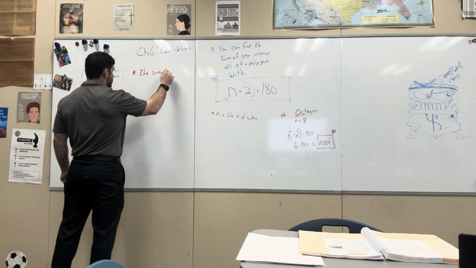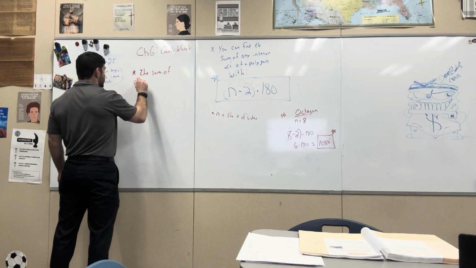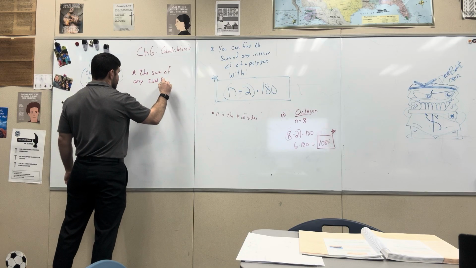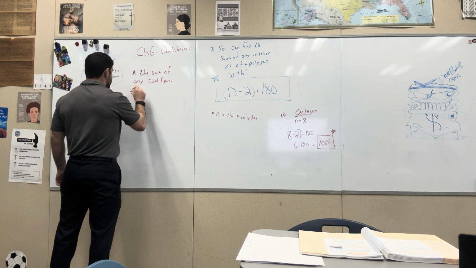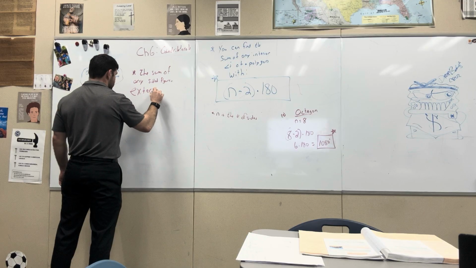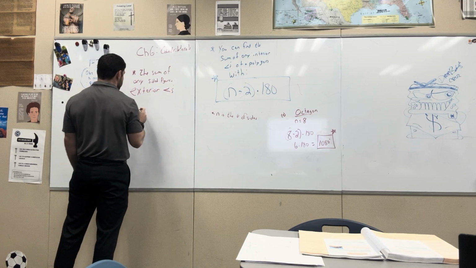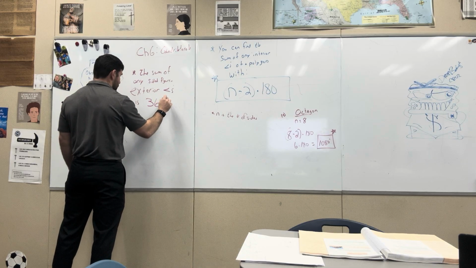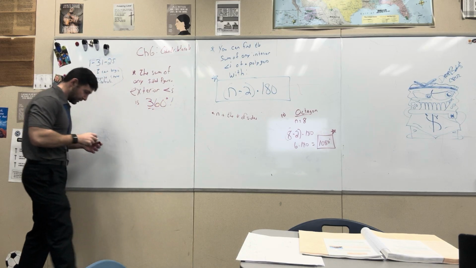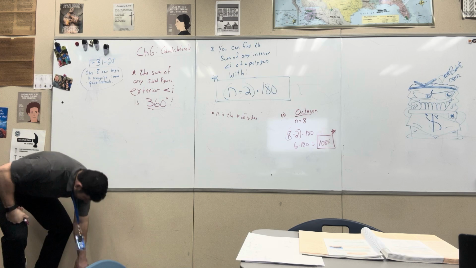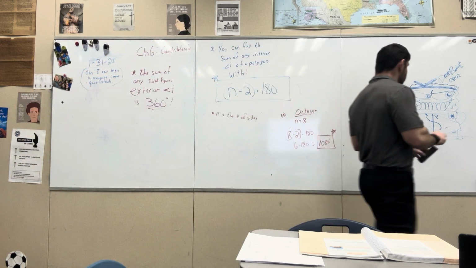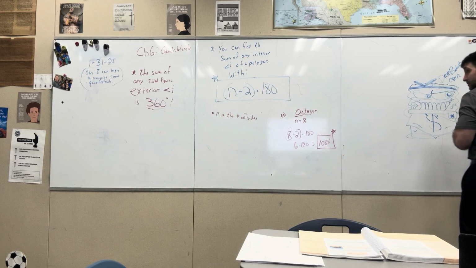The sum of any sided figure's exterior angles is 360 degrees. So when you look at a figure and it's talking about the exterior angles, I'll give you an example.